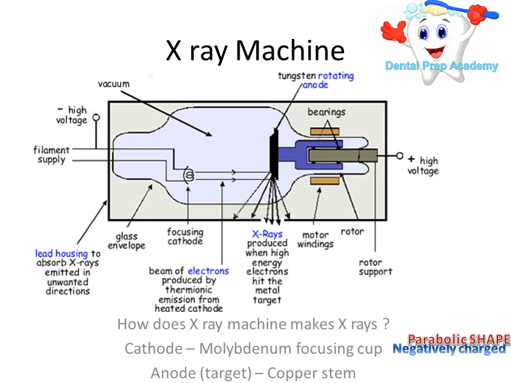The cathode consists of a tungsten filament and a molybdenum focusing cup, and at the anode we have a tungsten target, and we also have a copper stem embedded in that tungsten target.